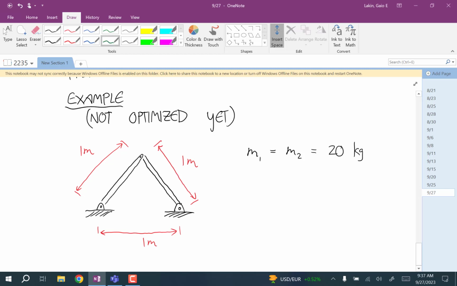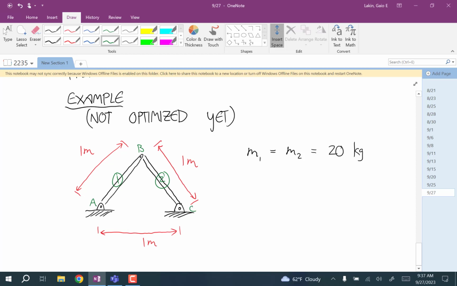And might as well label these now. I'm going to call this body 1, this body 2. And then I'm also going to think literally about what these pin joints are. And I'm going to call these pins bodies also. I'm going to call this one body A, this one body B, and this one body C. Okay?